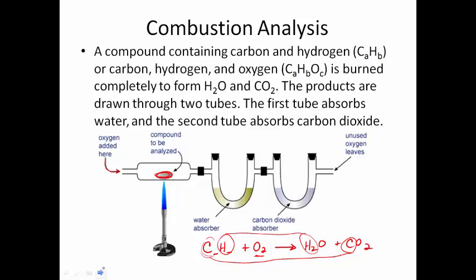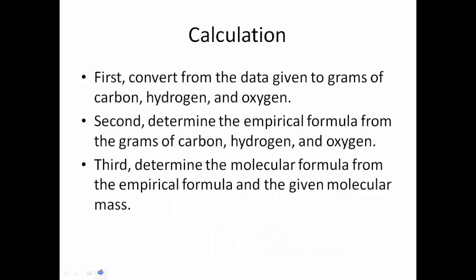But essentially the thing to remember is we're really only calculating an empirical formula, and when our data is given to us this way, with a mass of water and a mass of CO2, there's just an initial step we have to do to get it into a simple empirical formula calc.